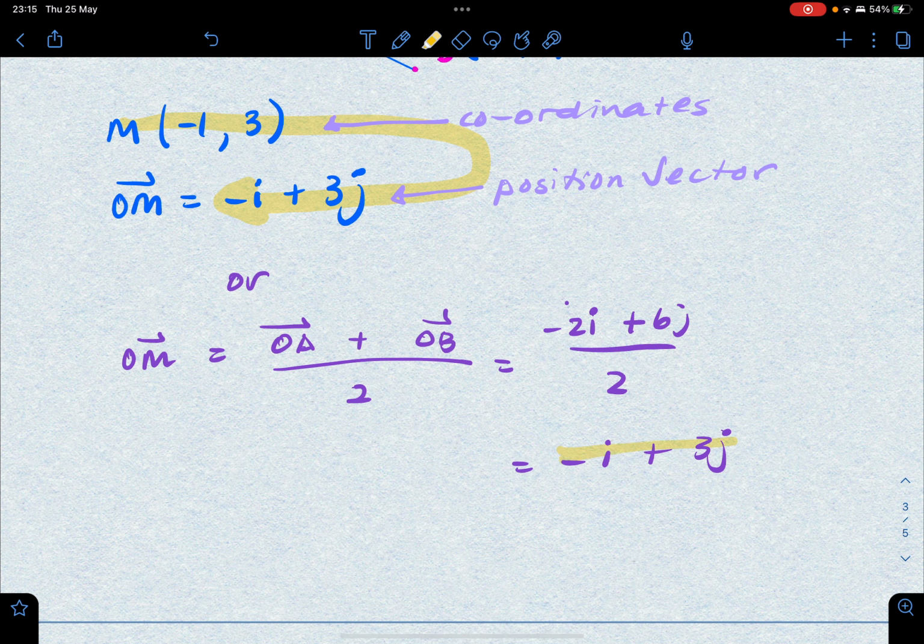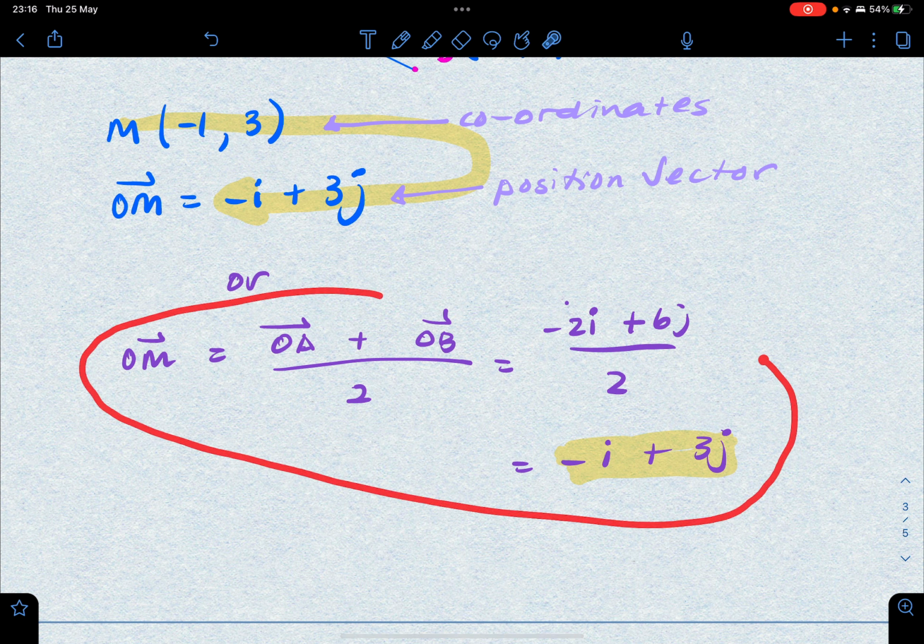So you get the same answer whether you use coordinates or whether you use vectors. It's probably slightly easier to do it this way.